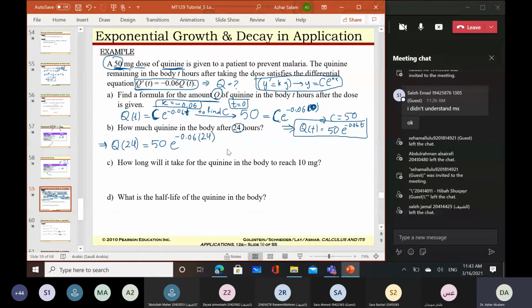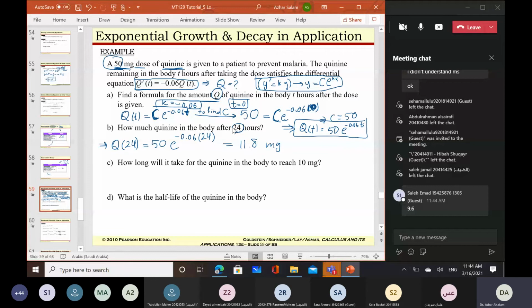After multiplying 24 by minus 0.06, raise e to that power and multiply by 50. The result is 11.8 milligrams. The unit here is milligram.